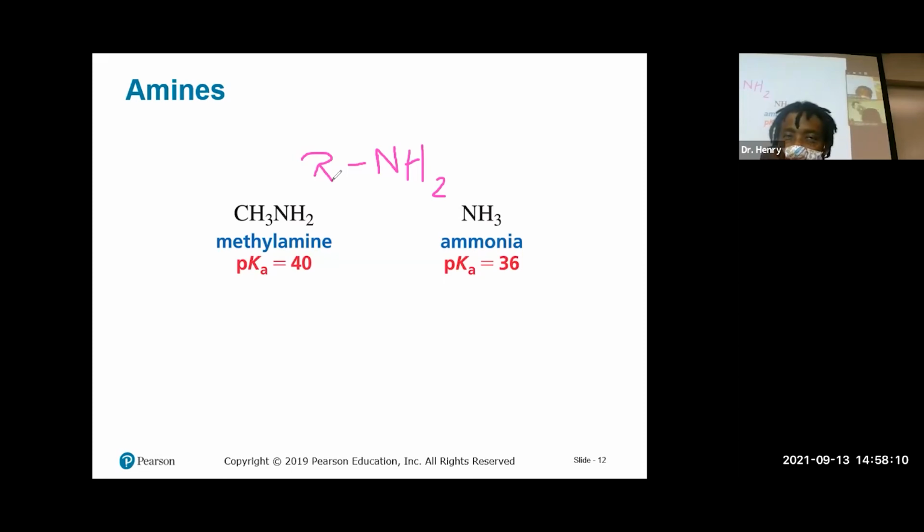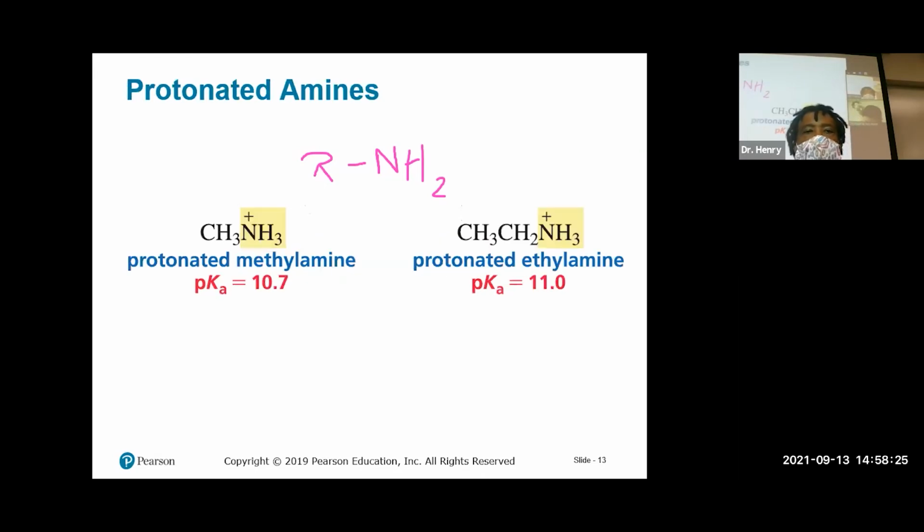So what makes it an amine is that nitrogen. And then we talked about protonated, right? That just means that we're adding that H+. We're adding a proton. Okay.